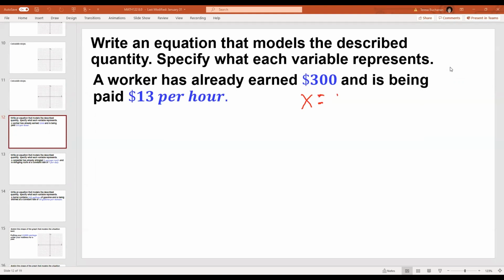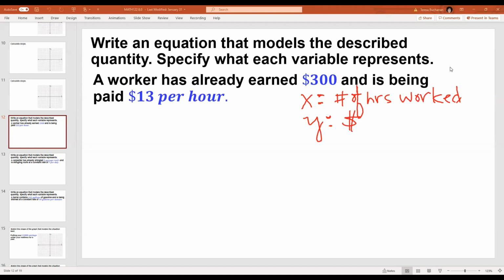So we'll say that X is going to be the number of hours that the person has worked, okay? Number of hours worked. And if I said to you as well, how much did he make? What was his total? And again, you might say, well, I don't know. Then that can be Y. Say that's Y. Total money. And I'm saying total, so be sure you're clear on that: total money.